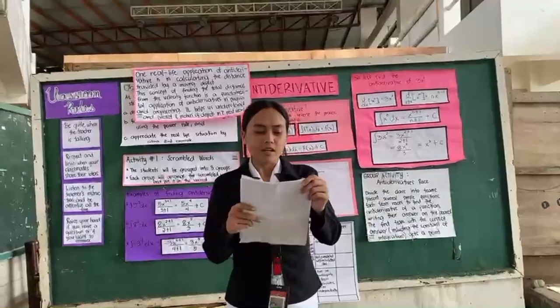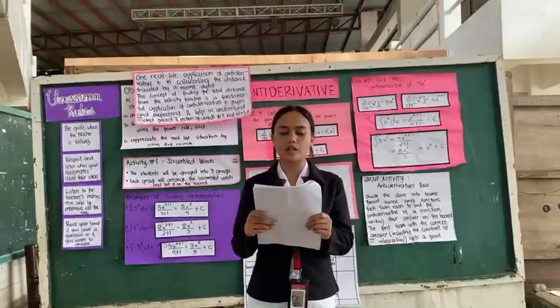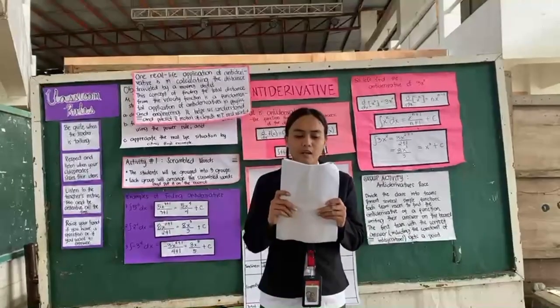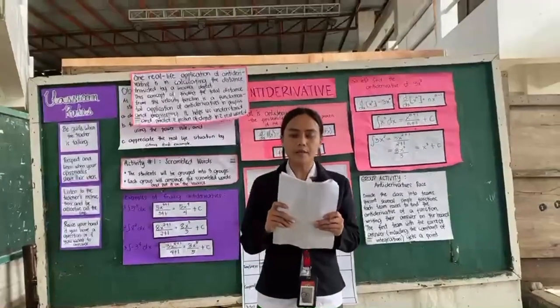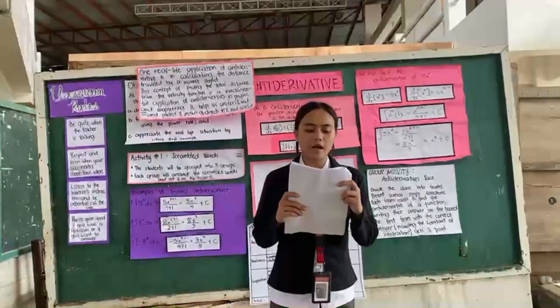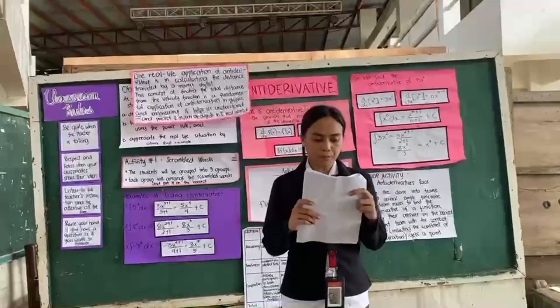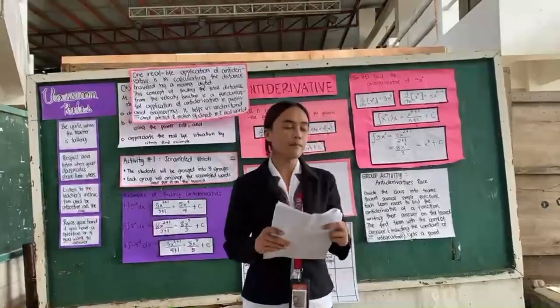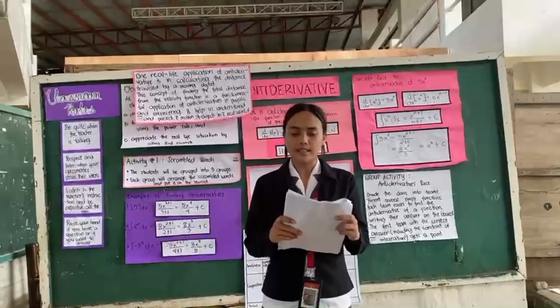A. The integral of x raised to the power of n dx is equal to x raised to the power of n plus 1 over n plus 1 plus c. B. The integral of x raised to the power of n dx is equal to x raised to the power of n plus 1 divided by n plus 2 plus c.